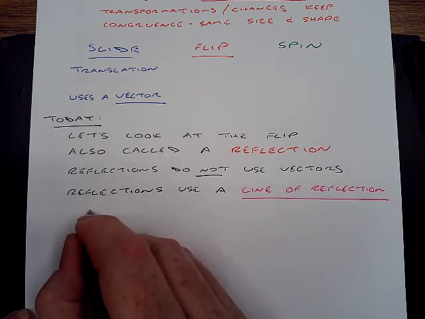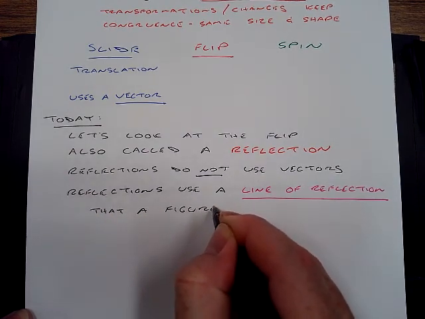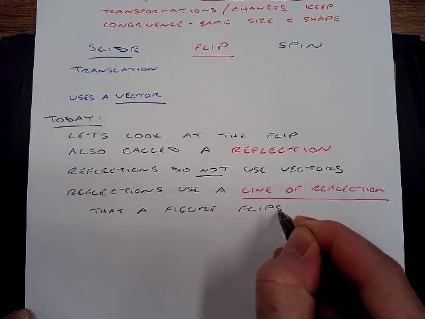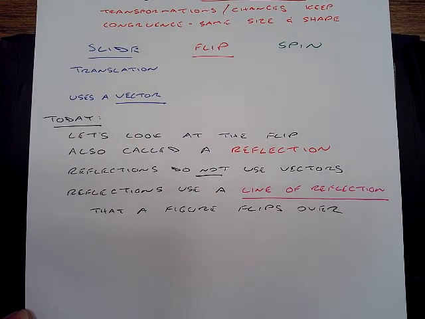Reflections use a line of reflection that a figure flips over. The line of reflection tells us where the flip happens. Just like the vector tells us where the slide happens, the line of reflection tells us where the flip happens.